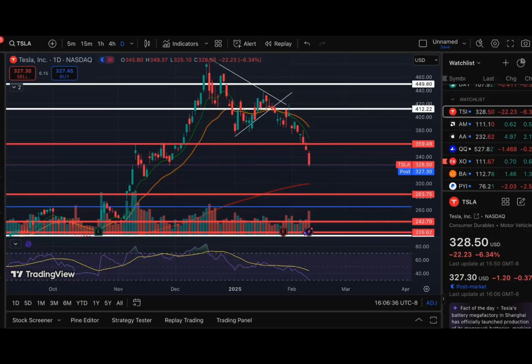All right, I'm screen sharing, but no one can see my chart. So let me figure that out. Let me see what's going on. Figure out what's going on with the screen share. Oh, they can see it.